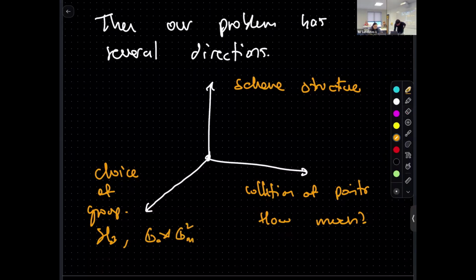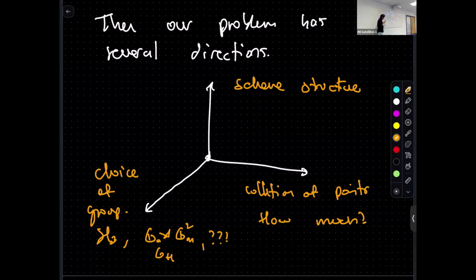If I consider this is my P8, but I can consider other groups. For example, instead of fixing a hyperplane, I could have fixed a line. There are other choices of groups, which is a different way to decide when two points are equivalent to each other. And I have that choice.